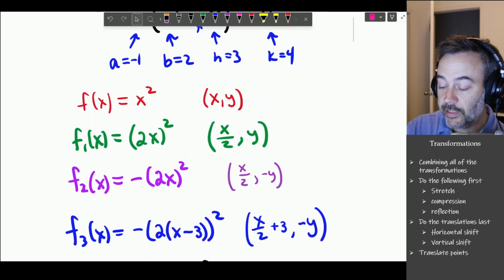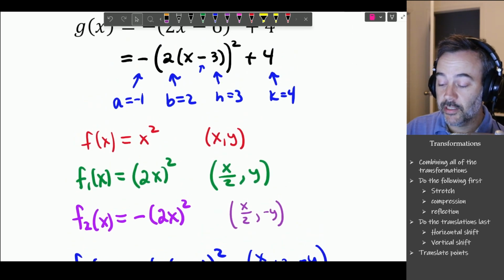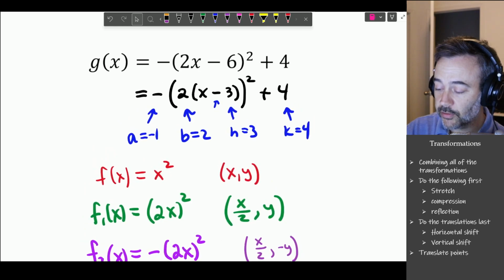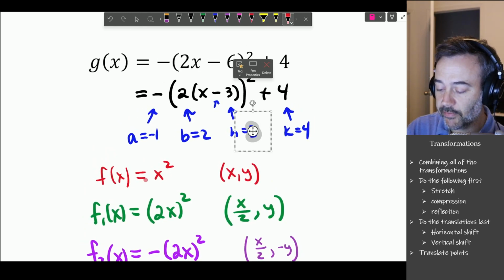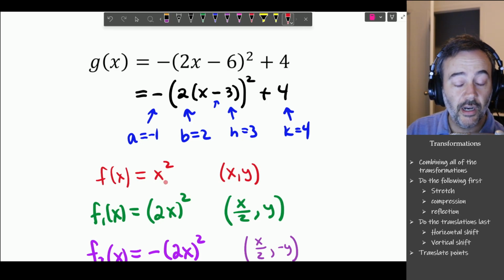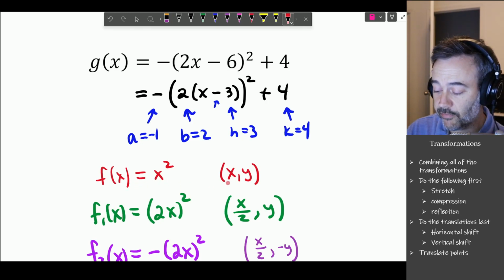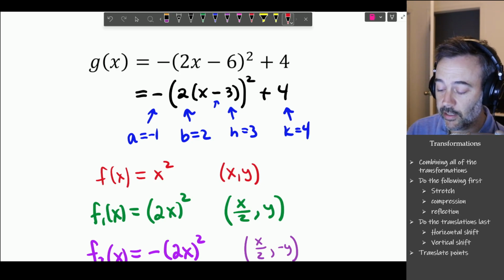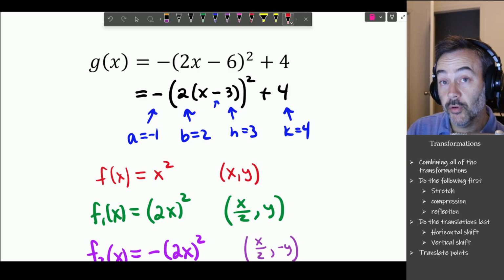So what we can do is think about these transformations in steps, one at a time. The original function is f of x equals x squared. And a point on that graph would be x comma y. First, remember I'm saying do the multipliers first.